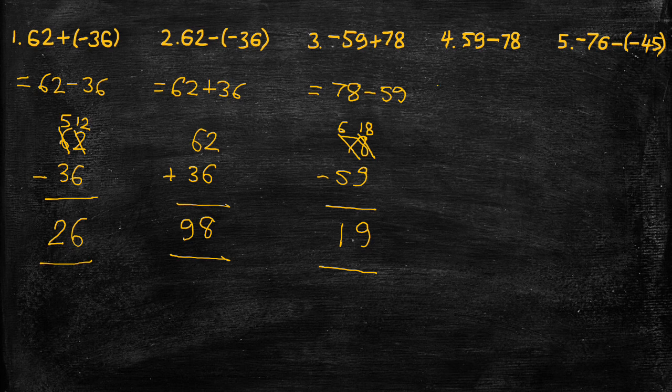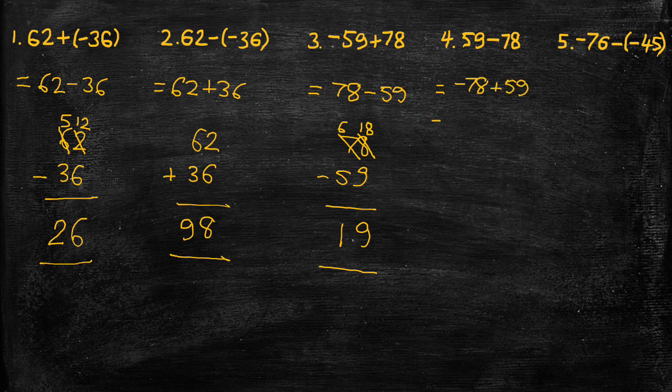Well, we can just do a little bit of algebra here and write that 59 minus 78 is the same as, first of all I'll reorder the numbers, so I'll write the 78 first, minus 78 first, and then write the 59 second.